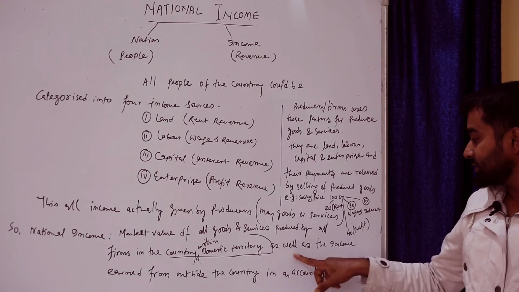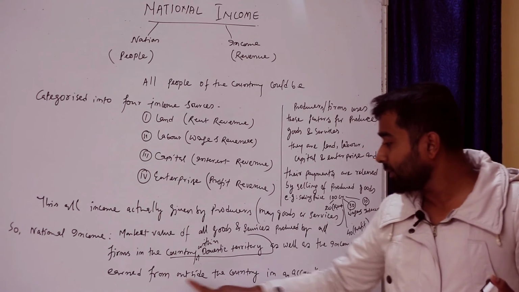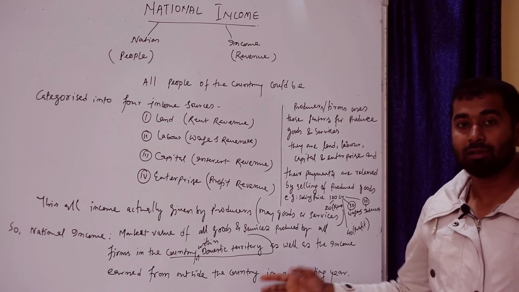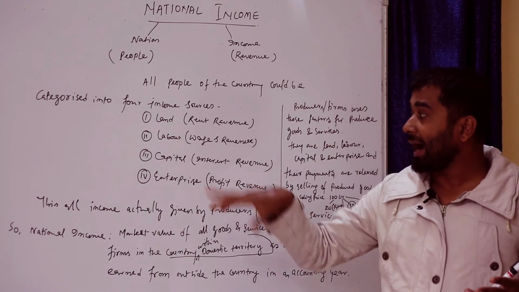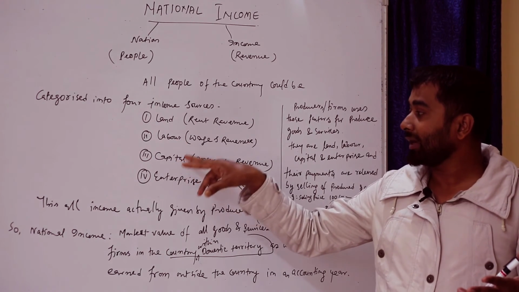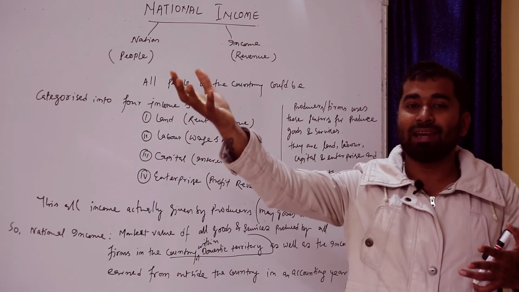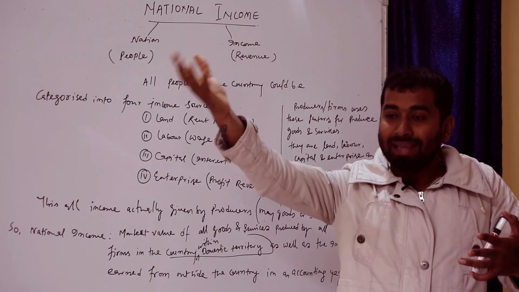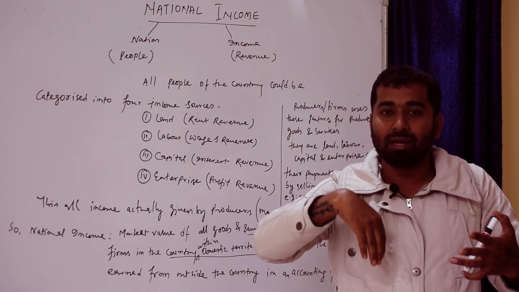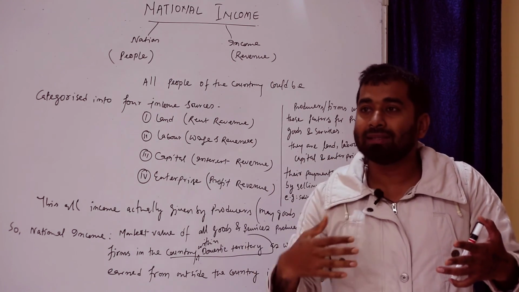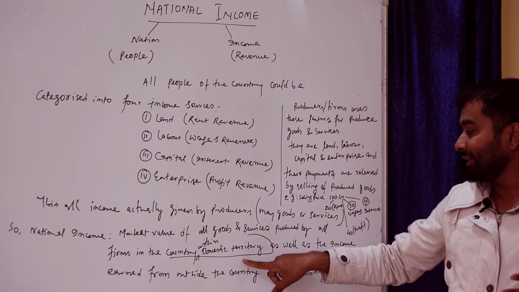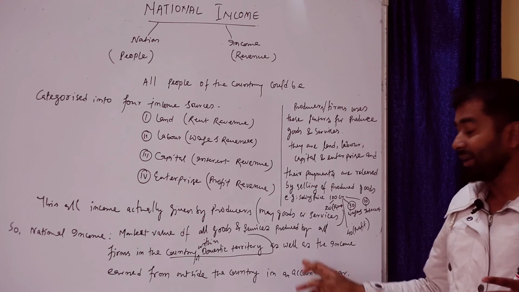As well as the income earned from outside the country, that means our land, labor, capital, entrepreneurship, if I am using them outside, definitely outsiders, that means abroad, are also paying some money to us, and that is also income. If I add this income, it comes under national income.